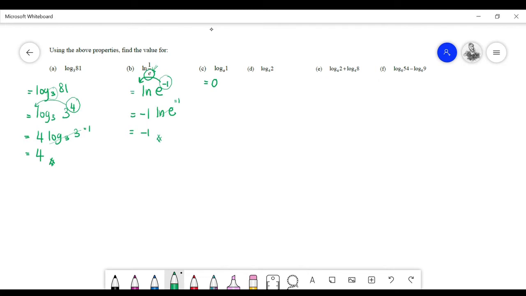For d, if you don't know how to do it, you can convert it to logarithm base 10, because we want to find the value. Or you can change it to base 2. Base 2 also can, or base 10 by using a calculator.